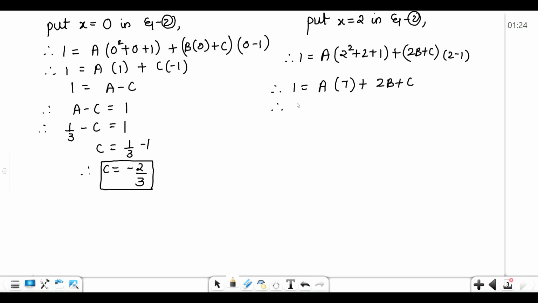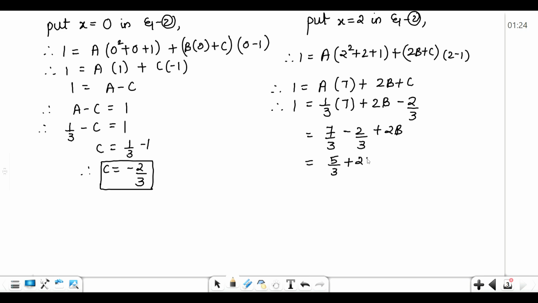Now we know the value of a. So this will be value of a is 1 by 3 multiplied with 7. Value of b we still don't know, and the value of c is minus 2 over 3. So this becomes 7 by 3 minus 2 by 3 plus 2b. This will give you what? 5 over 3 plus 2b, and this is equal to 1.